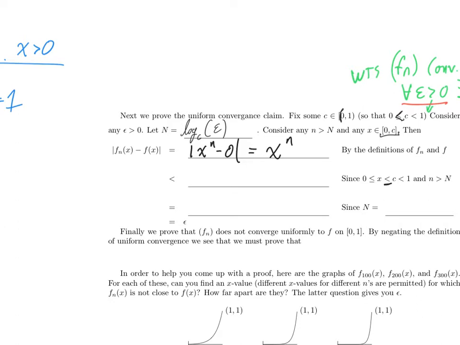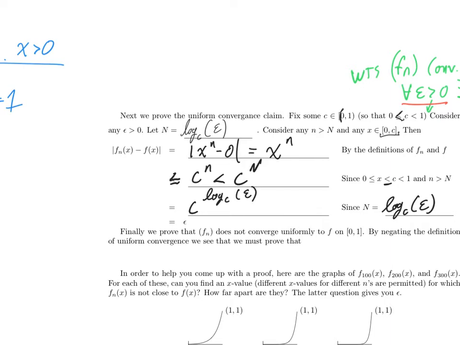Well, x is less than or equal to c, isn't it? So since 0 is less than or equal to x is less than or equal to c, which in turn is less than 1, this is less than or equal to c to the n, which is less than c to the big N. But c to the big N is c to the log base c of epsilon, since big N is equal to the log base c of epsilon.